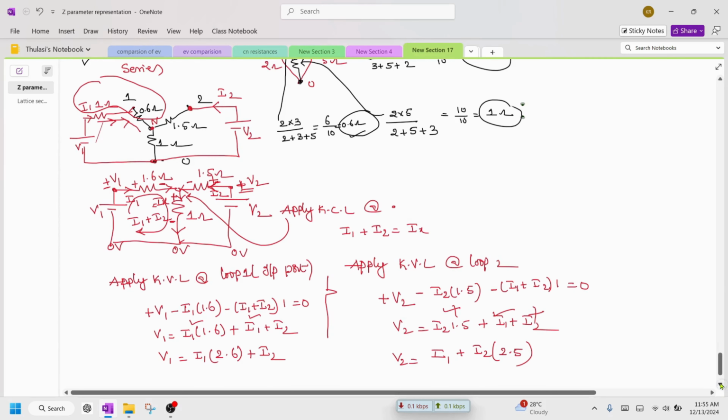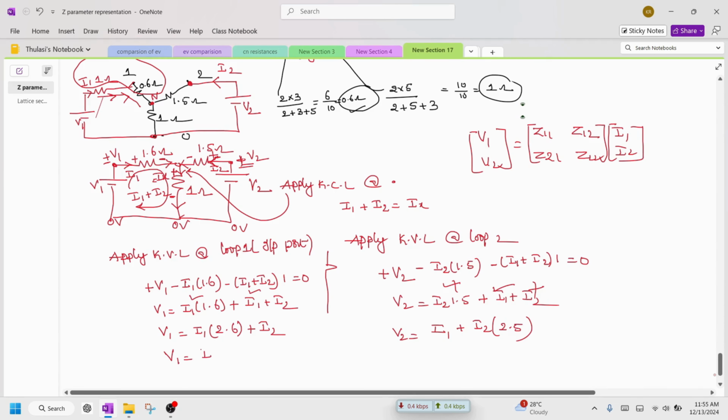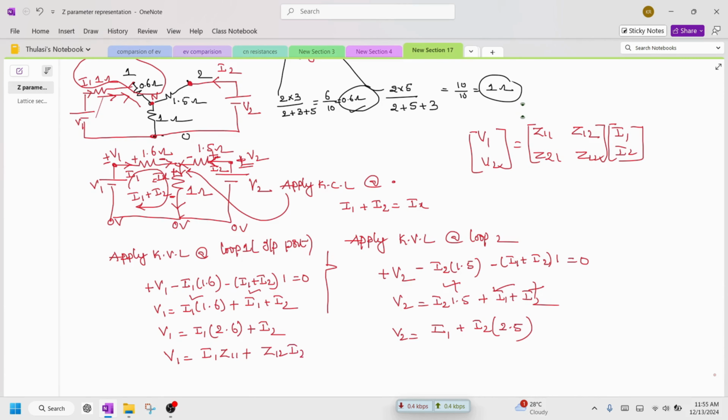We have the formula for writing the standard equation: V1, V2 is equal to the matrix Z11, Z12, Z21, Z22 into I1, I2. So the original equation is V1 equal to Z11 I1 plus Z12 I2. The next equation is V2 equal to Z21 I1 plus Z22 I2.